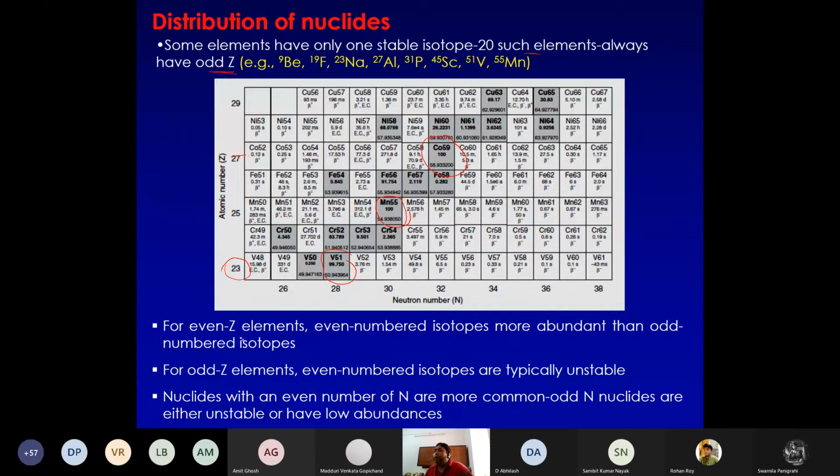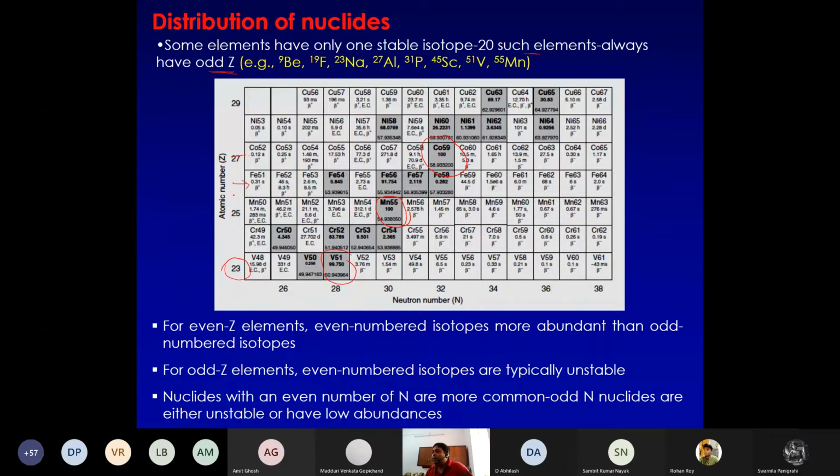Now, for even atomic number elements, the even numbered isotopes are always more abundant than the odd numbered isotopes. So let's look at an element with an even atomic number, say iron. Iron has an atomic number of 26.